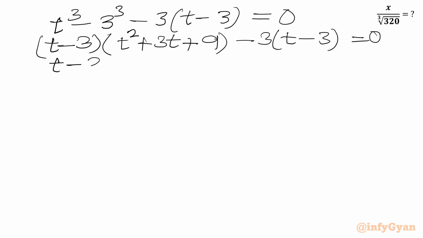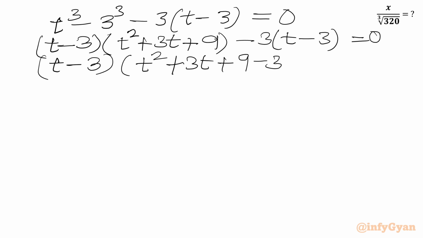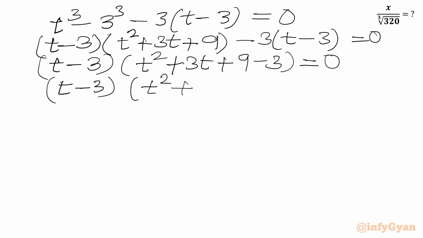Or we can take t minus 3 common out. So in the other bracket we'll have t square plus 3t plus 9 minus 3 equal to 0. Or we can write t minus 3 times t square plus 3t plus 6 equal to 0.